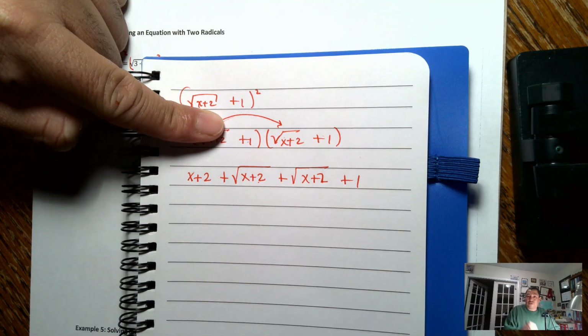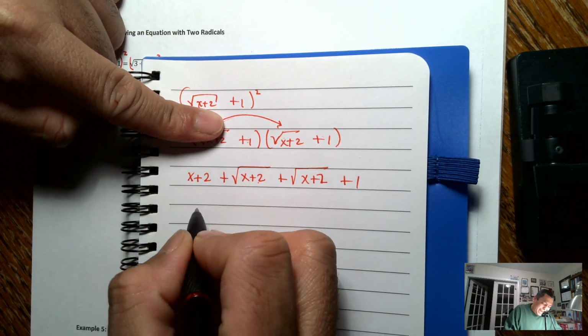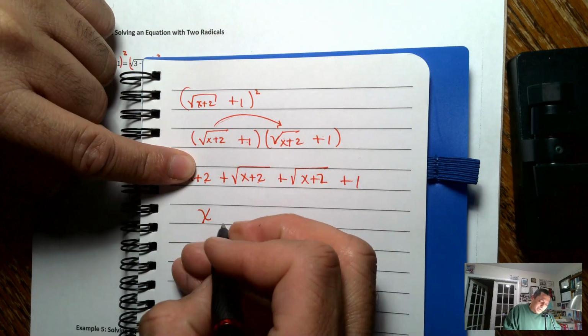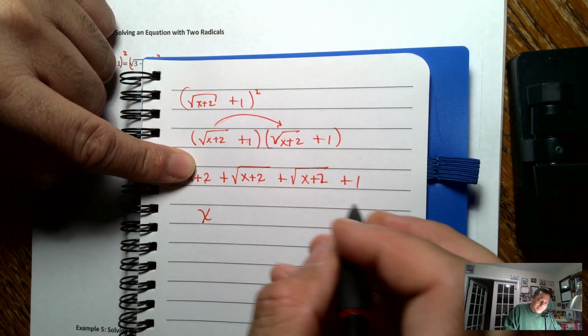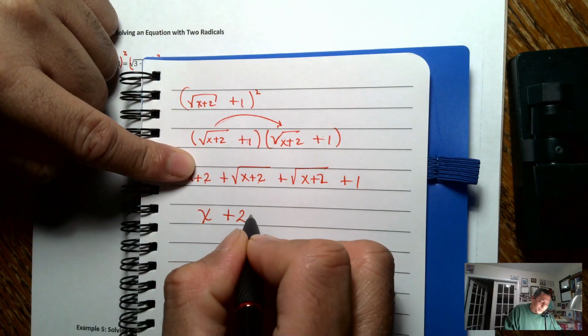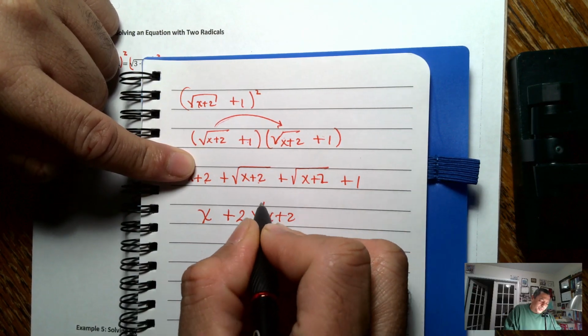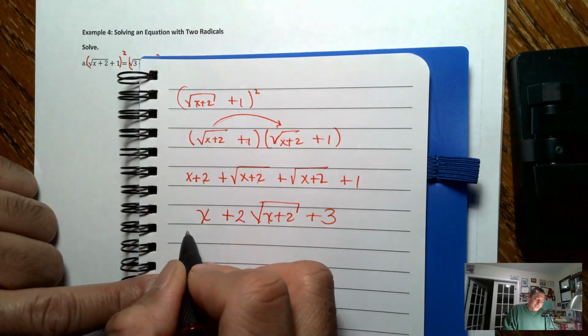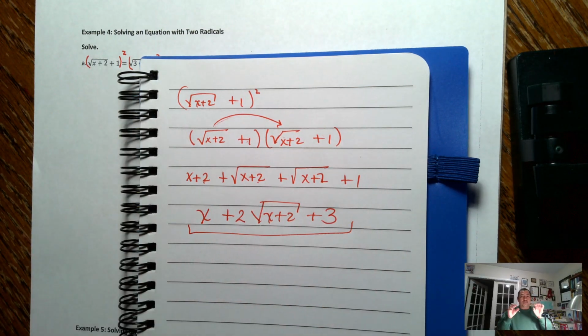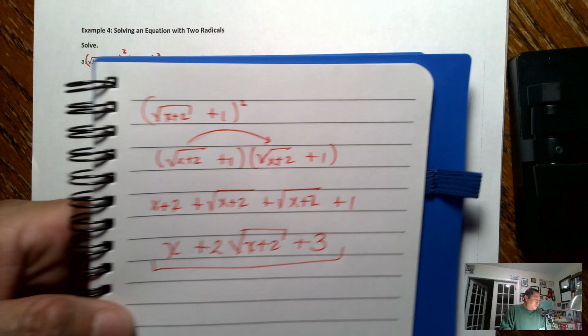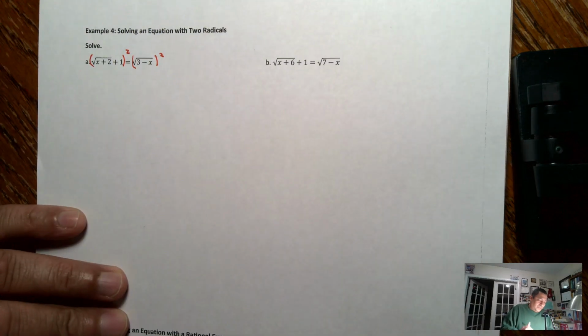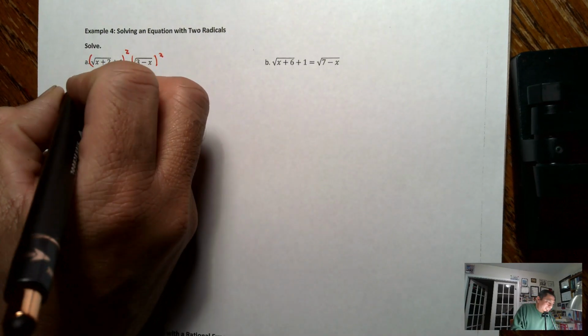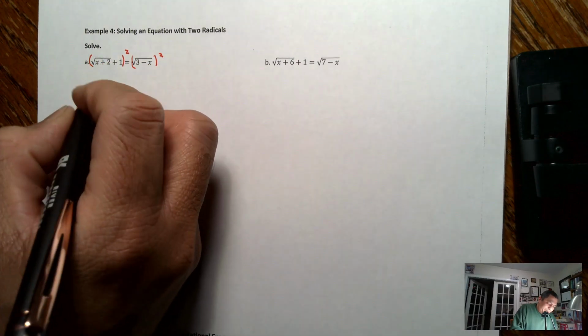Since I have 2 radicals, they are the same. So I have x. 2 plus 1 is 3. But I'm going to leave that one at the end. So plus 2 square root of x plus 2, plus 3. So this is what happens when we multiply that binomial 2 times. So what I'm going to have here is x plus 2. Okay.